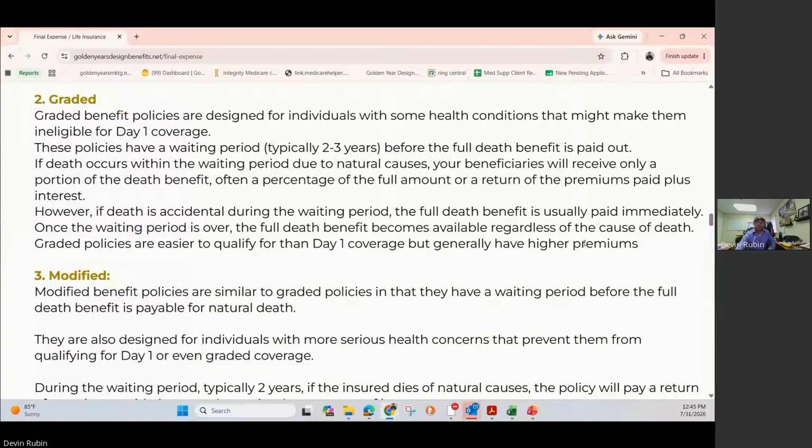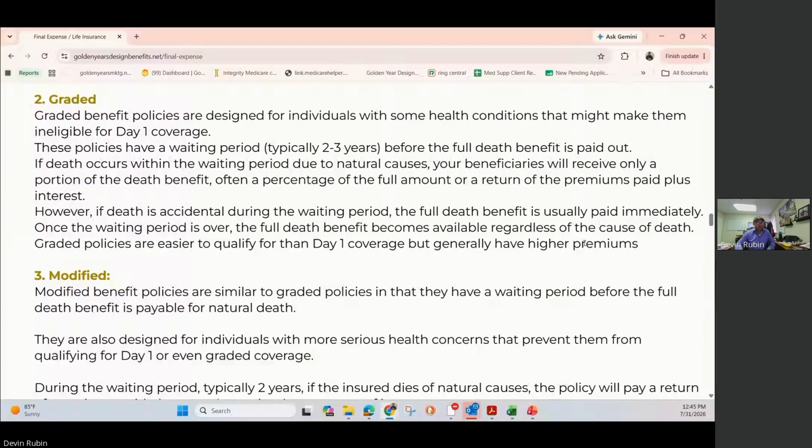Now, if they don't qualify for level, then we're going to look at a graded benefit policy. And this is designed for individuals that have some health conditions that might make them ineligible for day one coverage. Again, day one coverage simply pays out the day the policy is in effect. Why graded and modified are different is because there's going to be a waiting period of 2 to 3 years before the full death benefit is paid out.